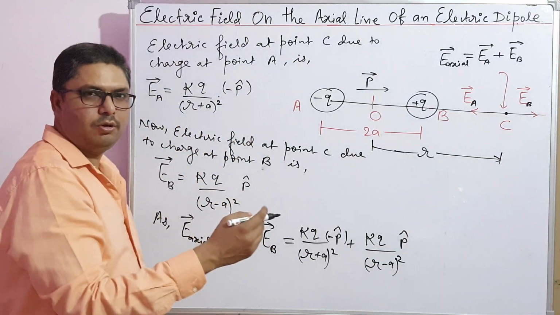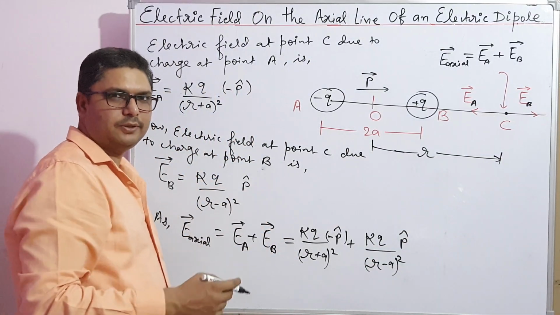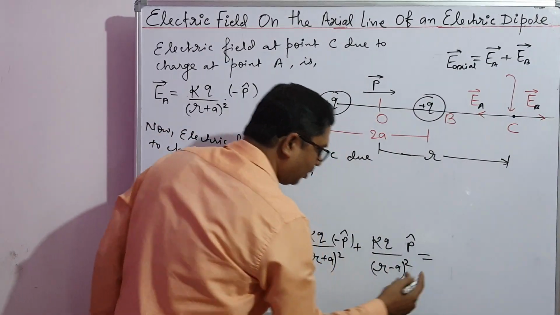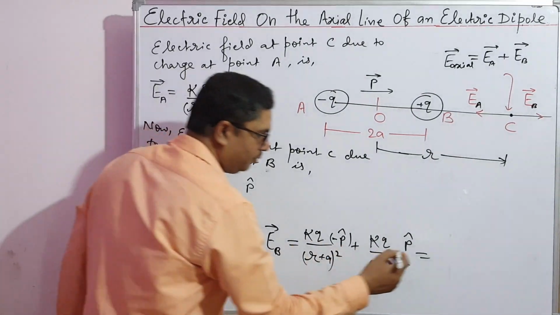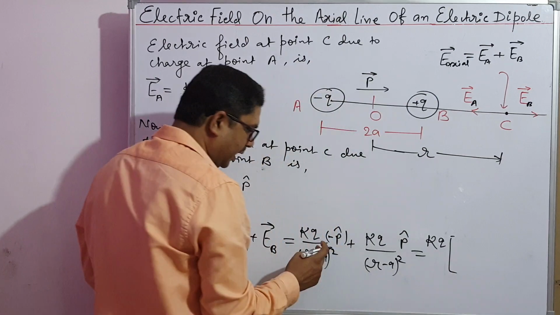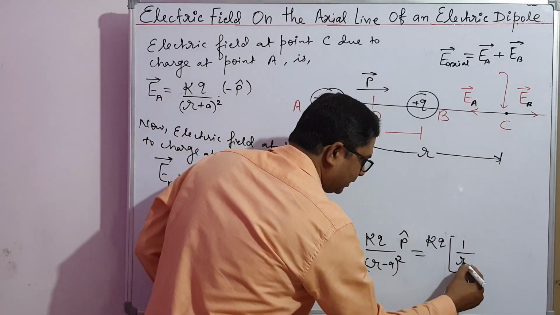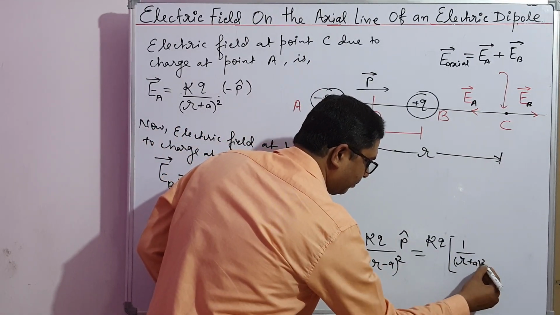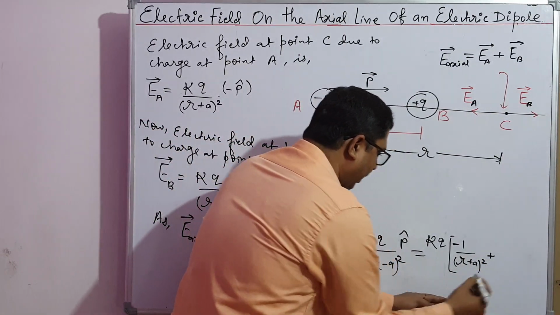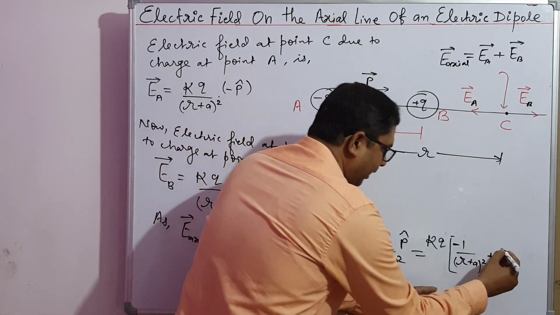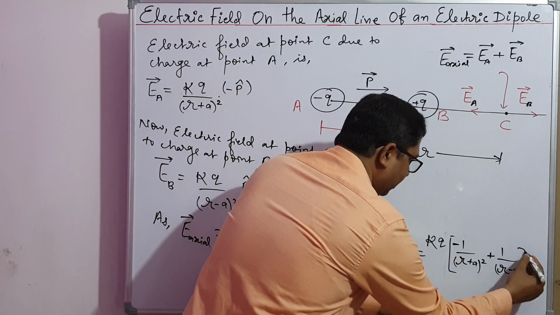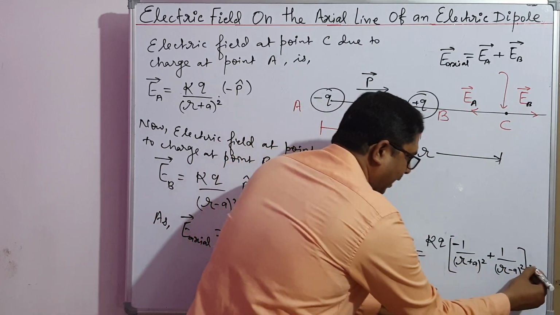Now you have to solve it. Take out the common KQ. Inside you have 1 by R minus A square, minus 1 by R plus A square, and this P cap can be written this side.